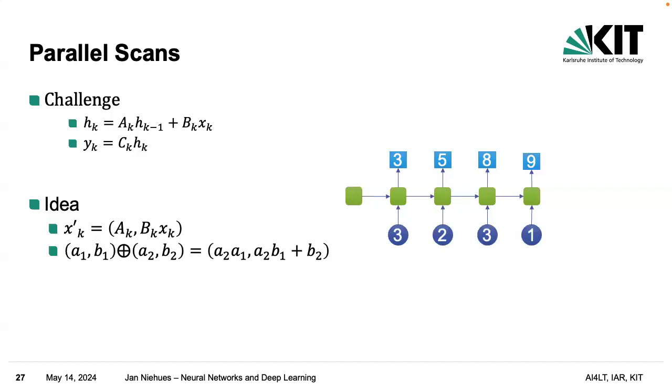For the first step, calculating the hidden state, that is not as easy, because it depends on your previous hidden state. So there we need a bit more complicated algorithm. But for the second step of calculating our Y, we can directly do that. You just apply your C_k at each position, and that's it.